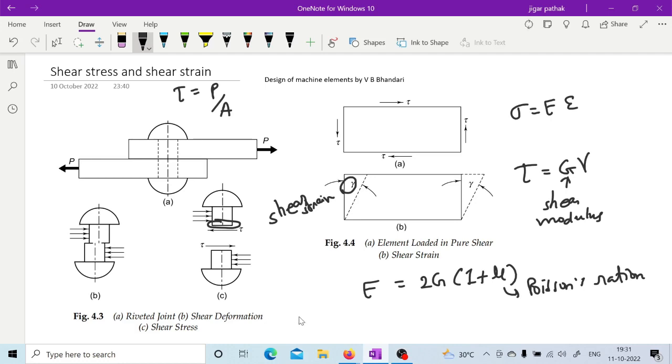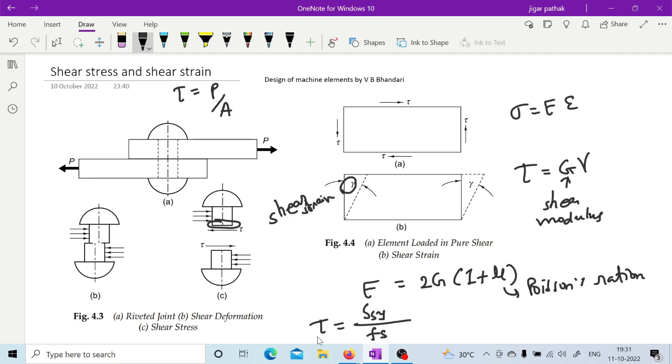Now, permissible shear stress: as you know, we use a factor of safety. So the permissible or allowable shear stress will be the failure or total shear strength upon the factor of safety. As we have already discussed, the factor of safety is the failure stress upon the working or allowable stress.